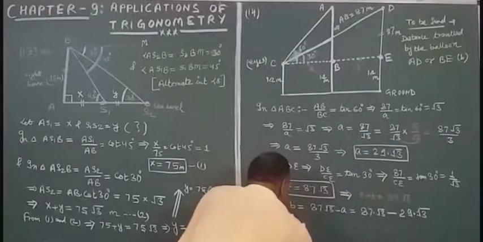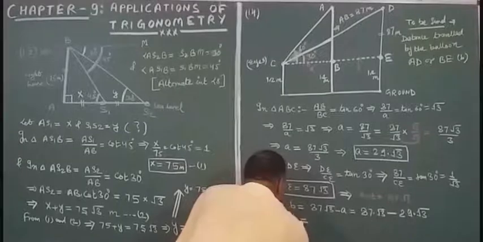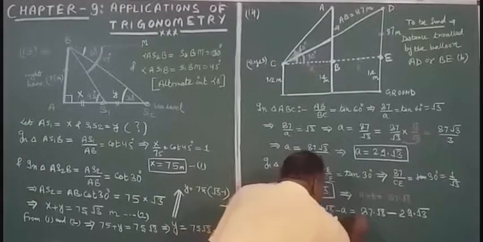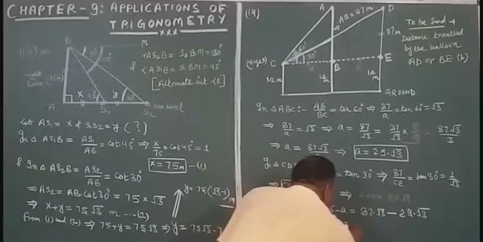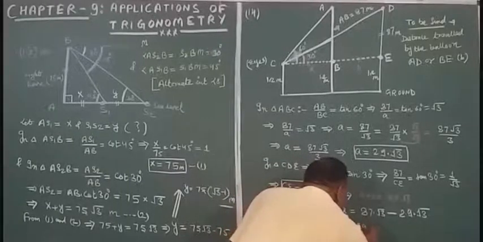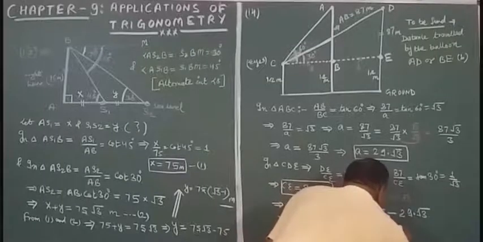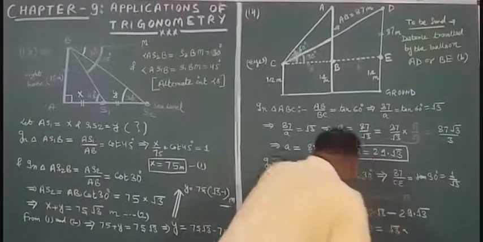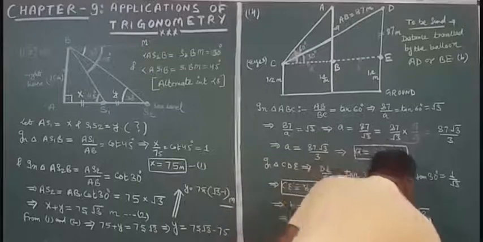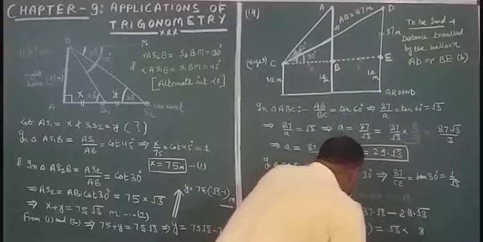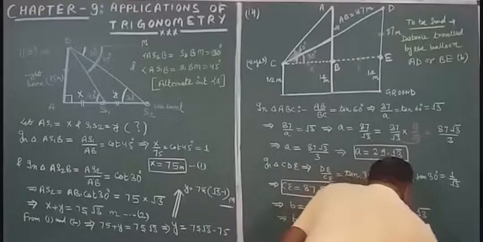Therefore, B will be, you can take under root 3 common. What you will get? 87 minus 29. So what will it become? Under root 3 into, just subtract it, 87 minus 29, 58.